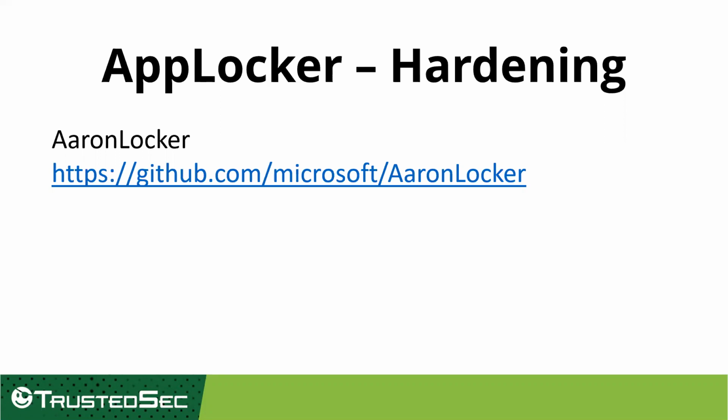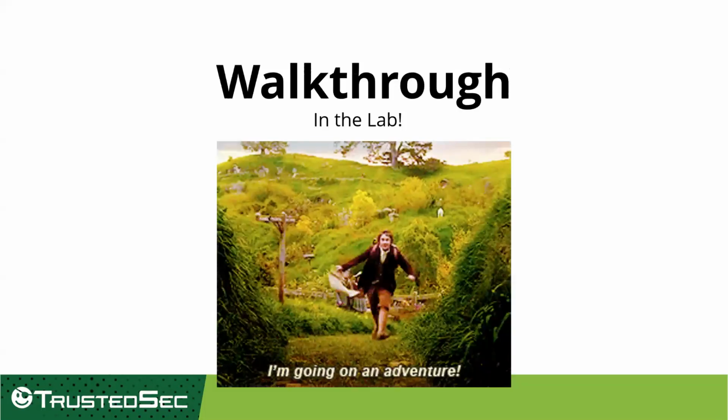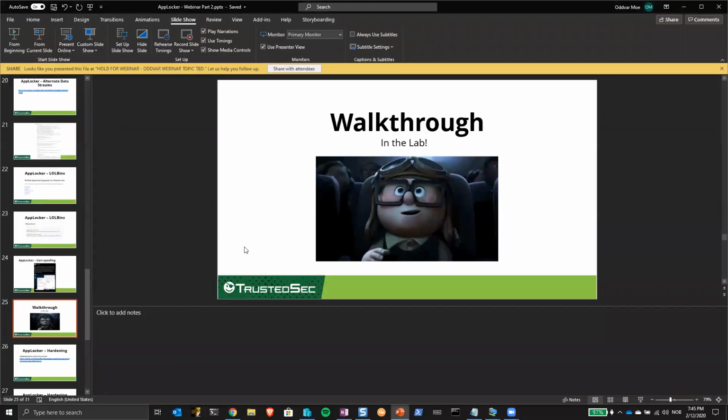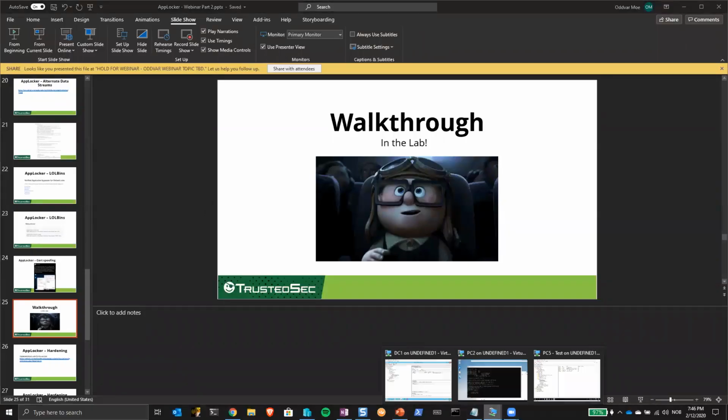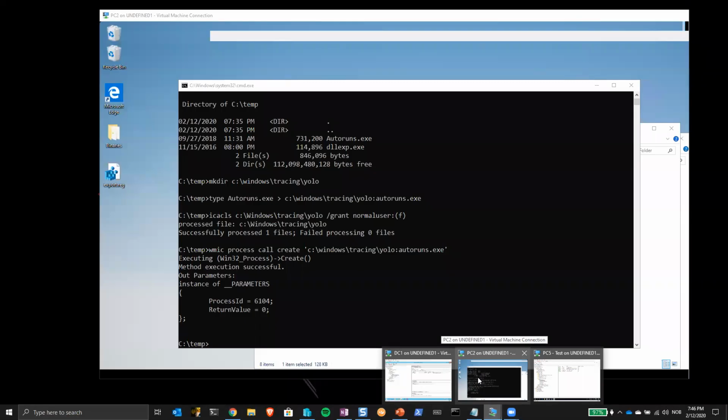It scans the entire disk and creates the output you need to import into an AppLocker policy. It follows all the best practices for building up the rule sets. This is really great stuff. I cannot recommend this enough. It's really good. So let me walk through that real quick. Well, not quick, but I'll walk through it.